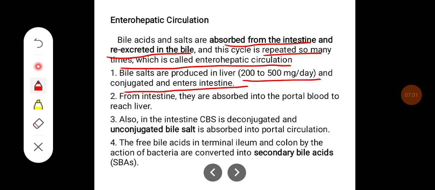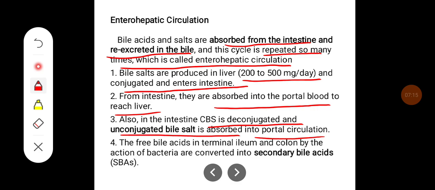From the intestine, they are absorbed into the portal blood to reach the liver. Also in the intestine, the conjugated bile salt is deconjugated and the unconjugated bile salt is absorbed into the portal circulation. The free bile acids in the terminal ileum and colon are converted by the action of bacteria into secondary bile acids.